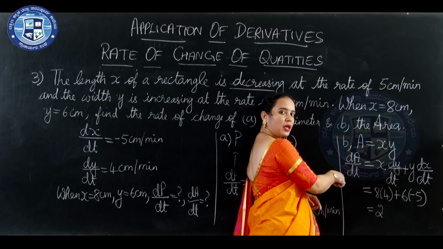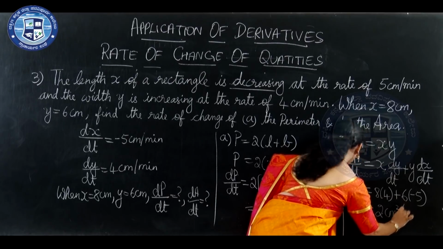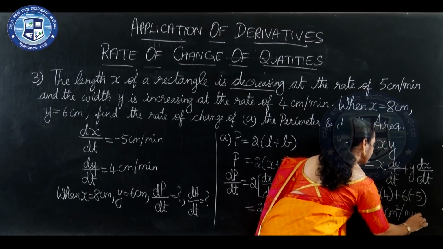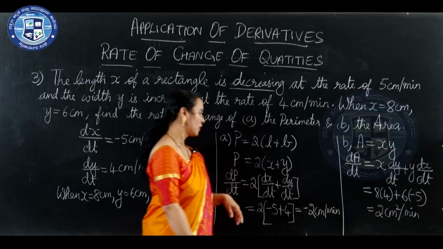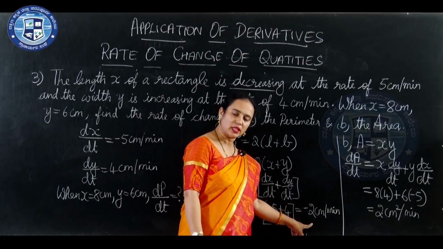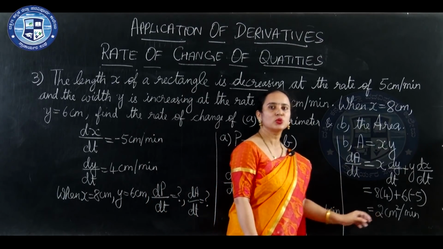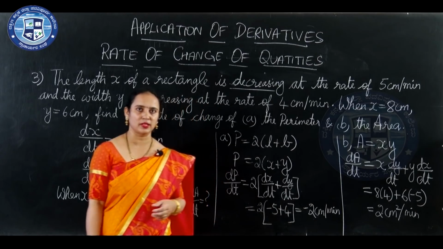This is dA by dt. So, your units will be centimeter square per minute. Have a look. Change in perimeter, we got it as minus 2 centimeter per minute and change in area is 2 centimeter square per minute.